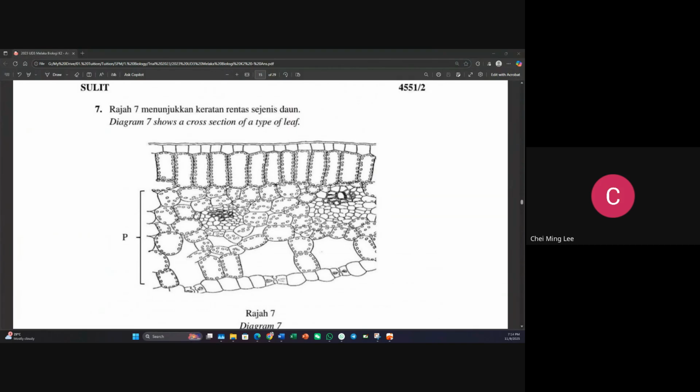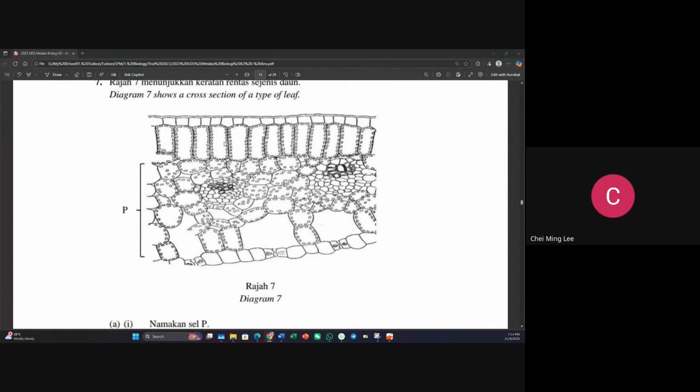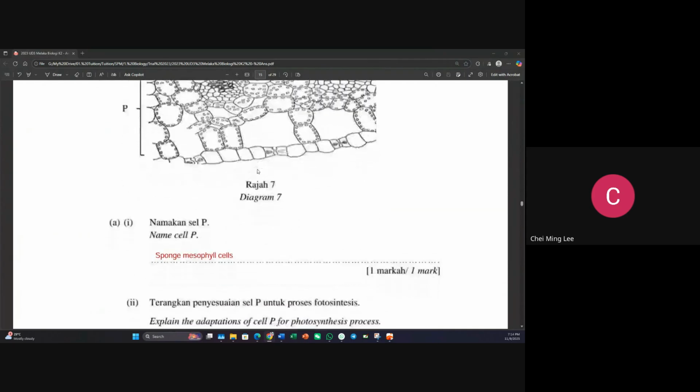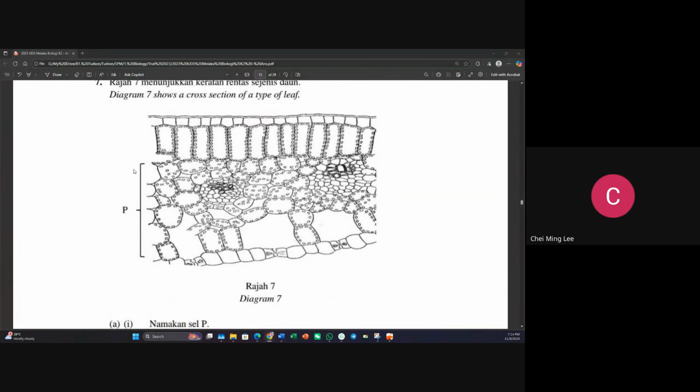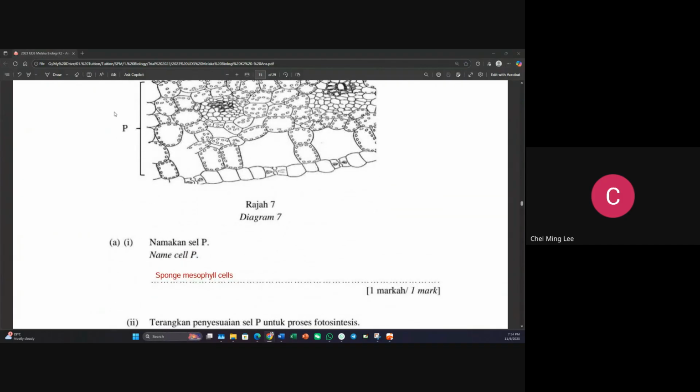Okay, the diagram shows a cross section of a type of leaf. So this is the mesophyll, this is spongy, correct? So this is the spongy mesophyll cell.